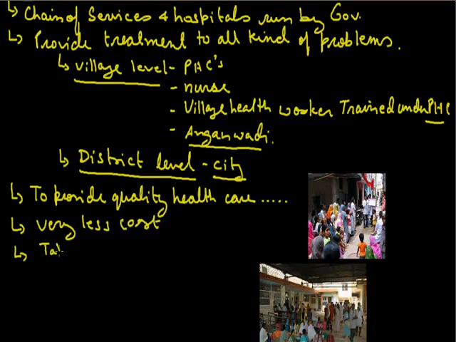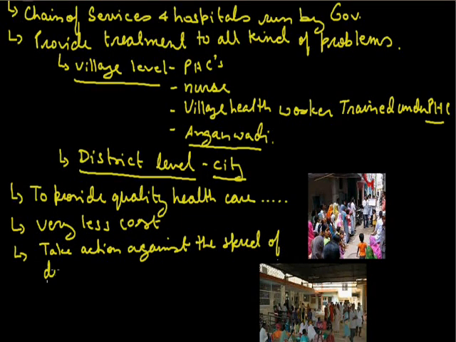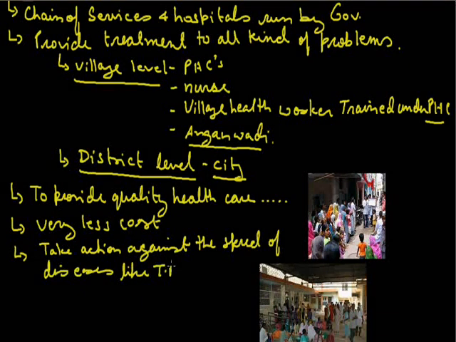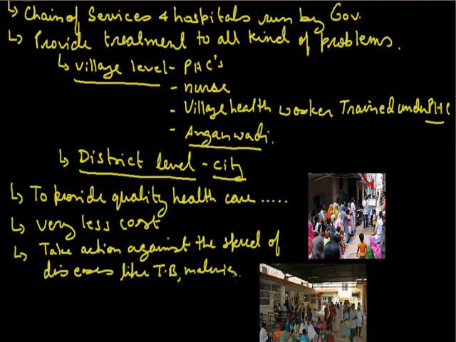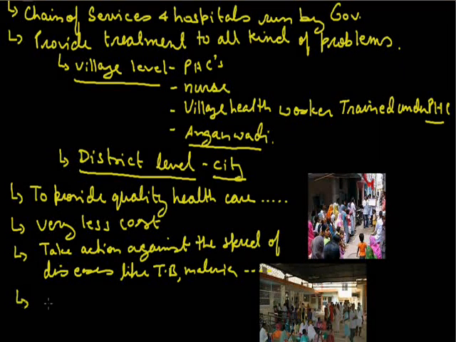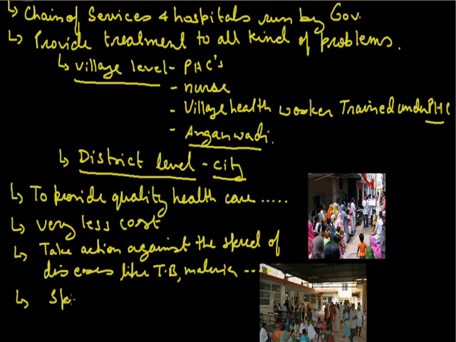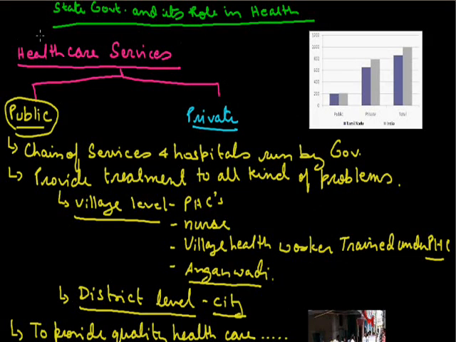The government also takes action against the spread of diseases like TB, malaria, jaundice, cholera, etc. Another work of the government is to spread awareness among the people. This is how we see the role of the public health centers in providing healthcare services to all.